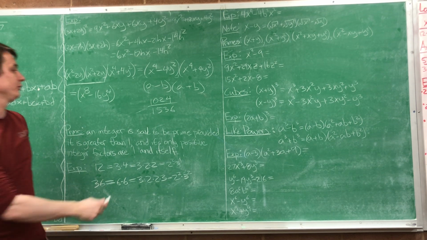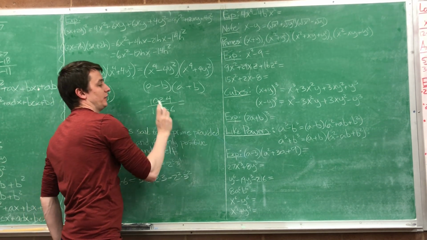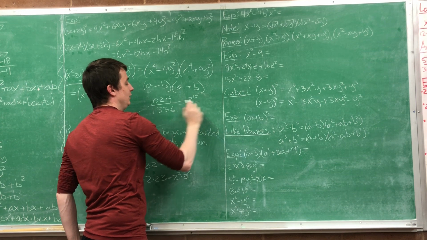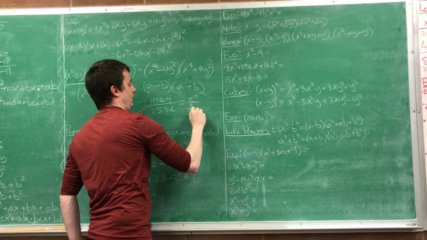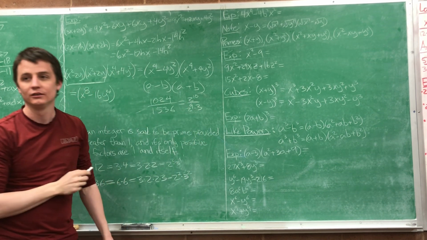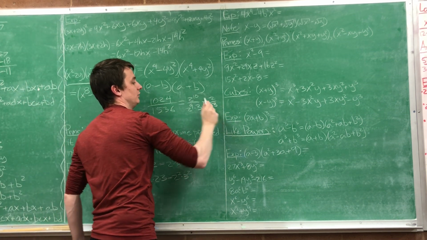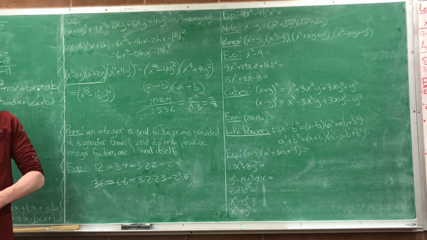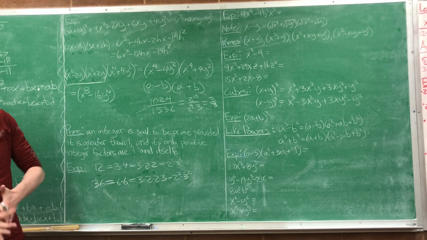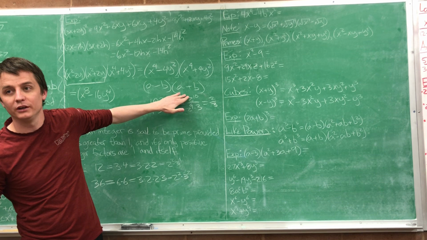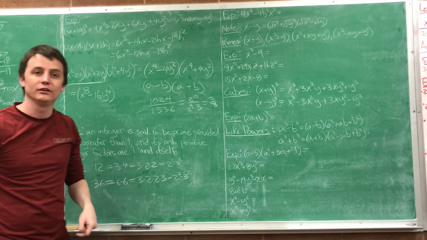I think about it in terms of its prime factorization. This one right here, I happen to know that's 2 to the 10. This one down here, that's 2 to the 9 times 3. Cancel out, leaves me 2/3, because 9 of those 2's cancel out with 9 up here, leaving 1, 2 in the numerator, 3 in the denominator.